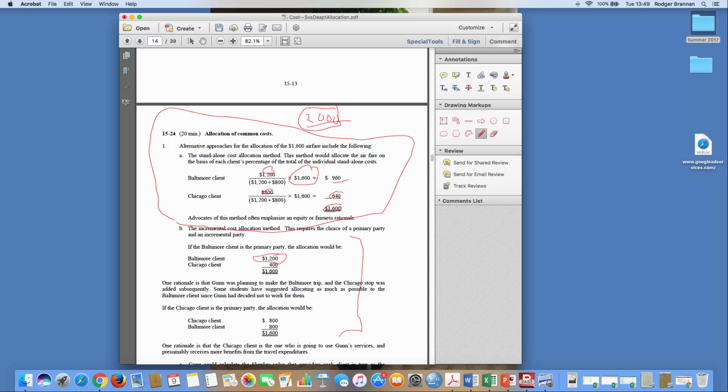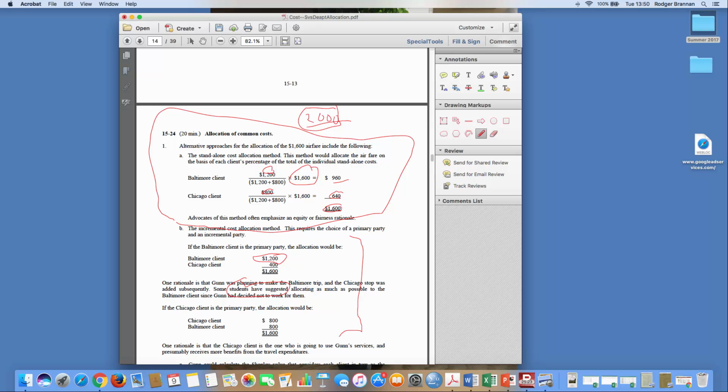What's remaining, I'm going to allocate to my Chicago client. Now you can read here why I might do that, but I can guarantee you, you do not want to be disclosing this sort of information to your client. So I would bill my Baltimore client for $1,200. If they don't know what I'm doing, they don't really care. I could say, oh yeah, it would have cost them $1,200. The Chicago client's going to be happy because they save $400. That's great.